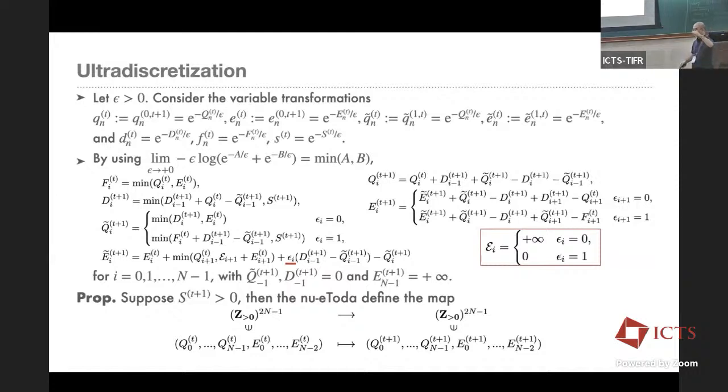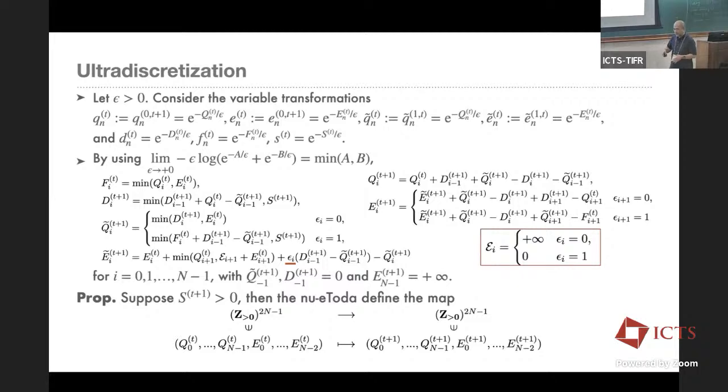This is the ultra-discrete analog of the value of epsilon. But here some non-ultra-discretized epsilon also appears. This expression is just to avoid case distinctions. It's not so essential, but I prefer this one.